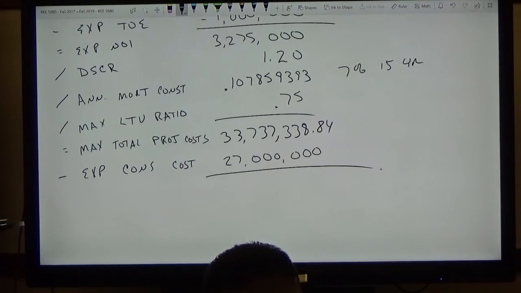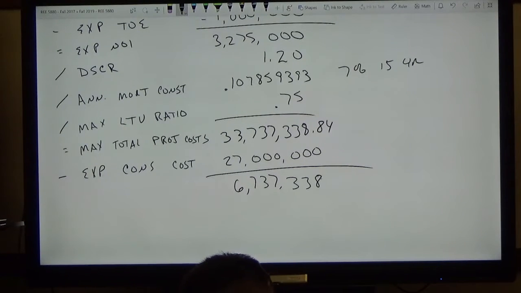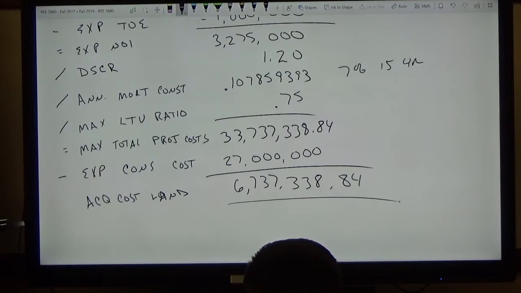Then, when we do the math, that means we could actually spend a lot more on the acquisition cost of the land than we did in the previous example.